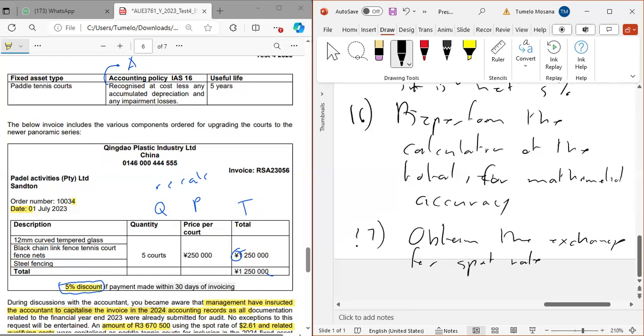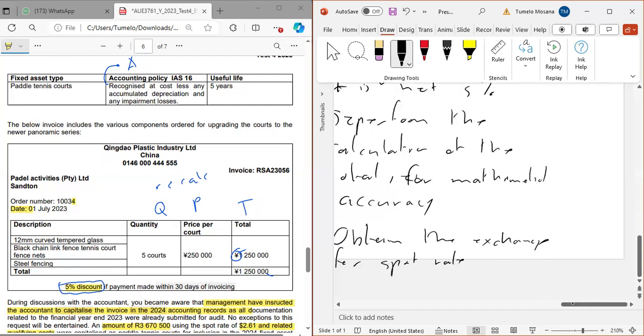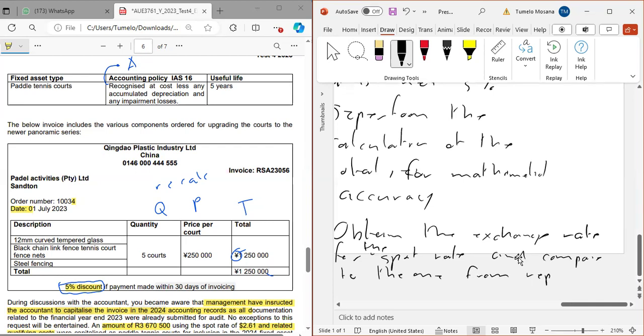So we would obtain the exchange rate for the spot rate and compare it to the one from the reputable financial institution, right? To see if they agree.